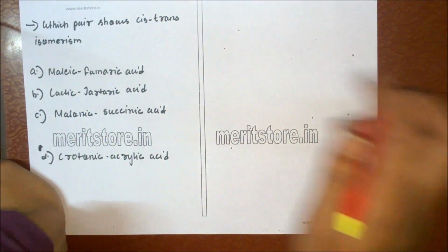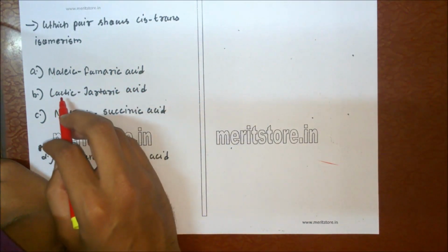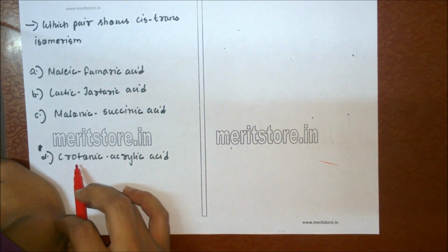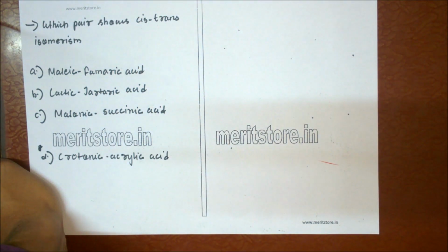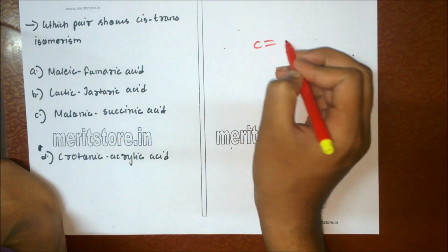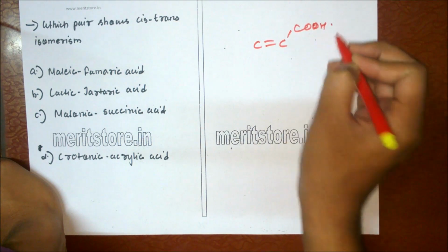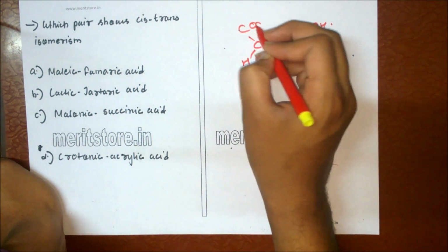Which pair shows cis trans isomerism? A. Maleic fumaric acid, B. Lactic tartaric acid, malonic succinic acid, and crotonic acrylic acid. The structure of maleic acid is carbon double bond COOH, hydrogen, hydrogen, COOH.